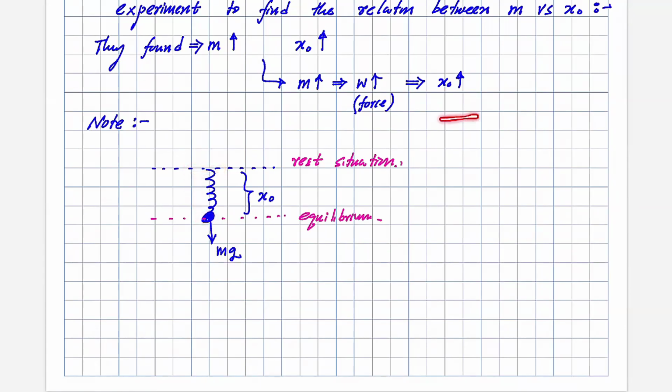Reason? You remember, this was the rest length. Because of this extra attachment, it goes down, right? So it came to a certain equilibrium, that's fine. But this spring always tries to go back to the rest level, right?